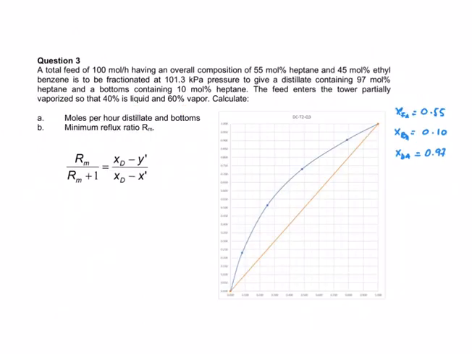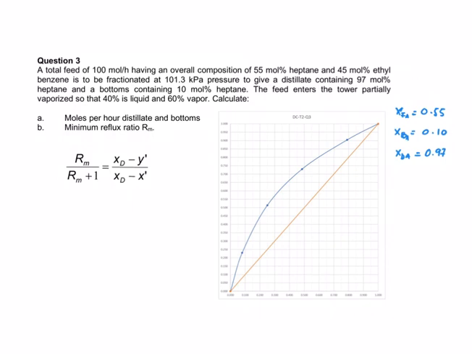To solve for part B, which is to find the minimum reflux ratio, you need to use this formula. To use this formula, you need the mole fraction of your distillate, and you need these coordinates. This y prime, x prime is called the pinch point.